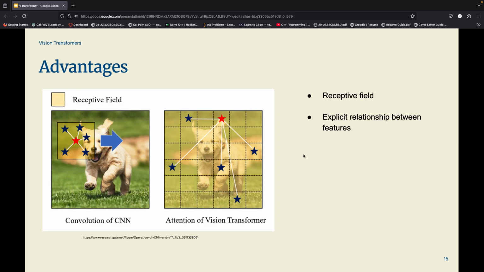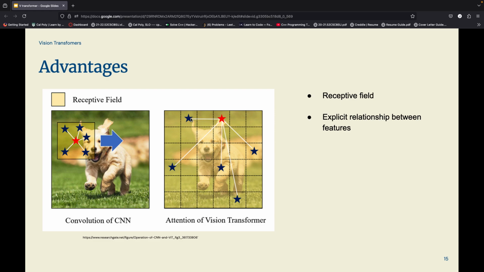So one advantage that transformers have over CNNs is that if you look at this picture of a dog running, the receptive field of a convolutional neural network is quite small compared to the receptive field of a transformer. That's just because of the nature of convolutional neural networks: your receptive field is limited to how big your filters are.